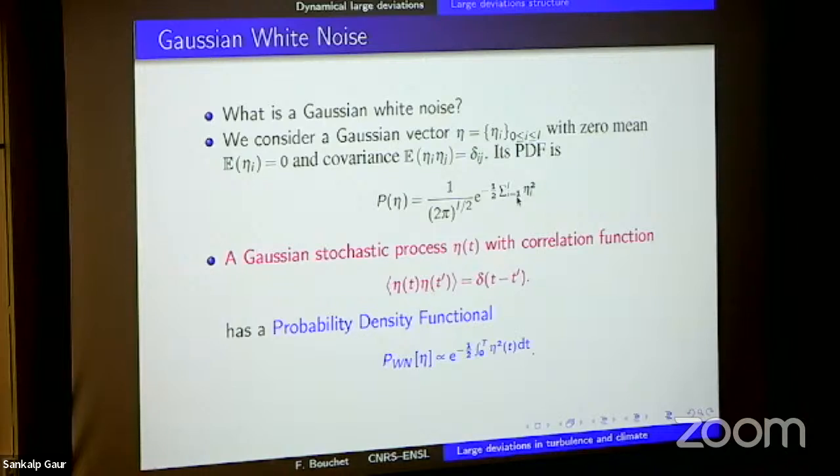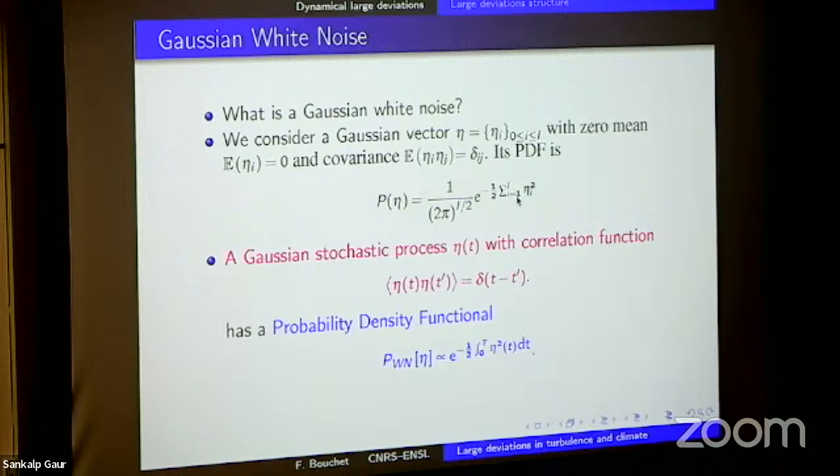And then if you write the PDF of this, it's just the exponential of -1/2 the sum for i equal 1 to capital I of eta_i squared. So there is a coefficient 1/2 for all of them because they all have the same variance, and there are no cross correlations. So it's very easy. And so this is just a normalization factor.